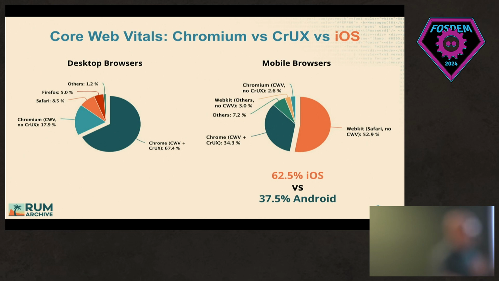This is because also on iOS, every browser is actually Safari in disguise. Okay? Apple forces you to use the underlying WebKit engine, which does not support the Core Web Vitals. And so the more iOS traffic you have, the bigger your blind spot for those users is going to be if you only use the Core Web Vitals and the CrUX dataset.